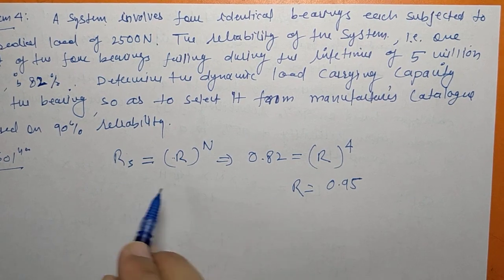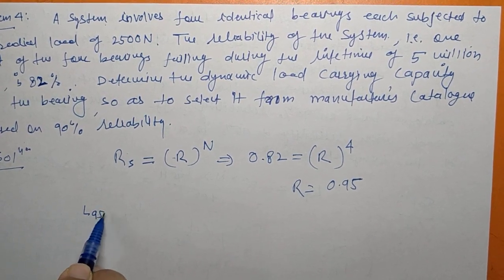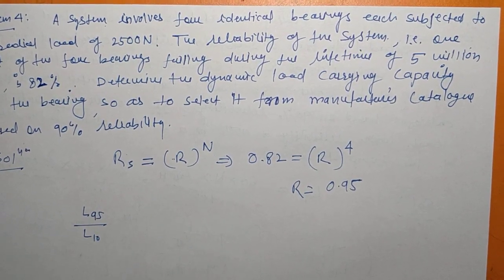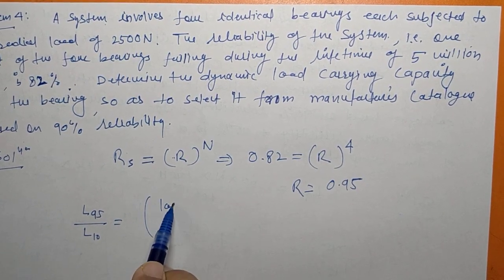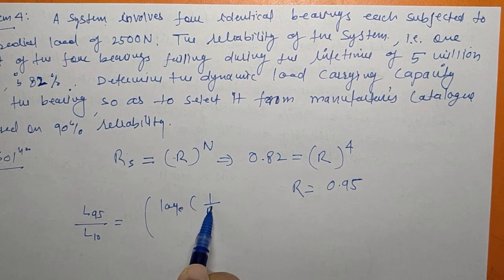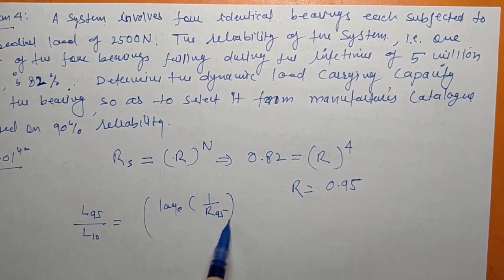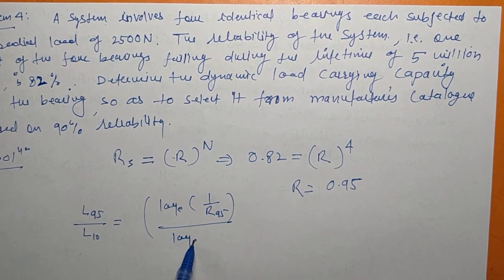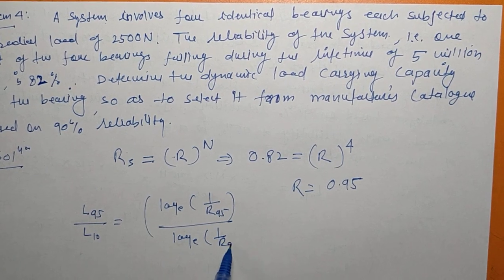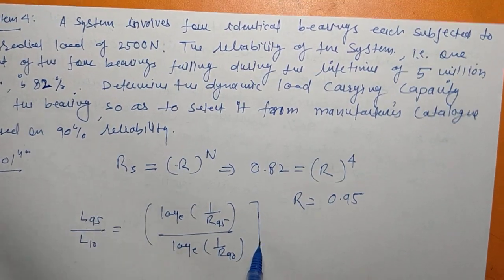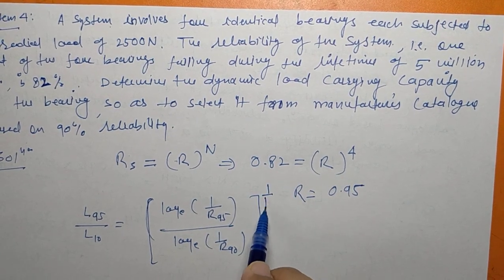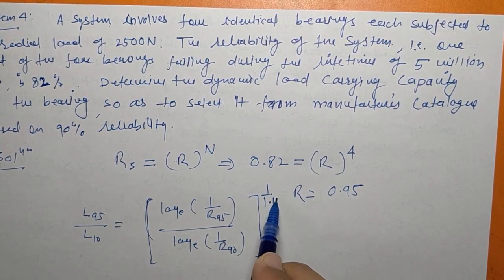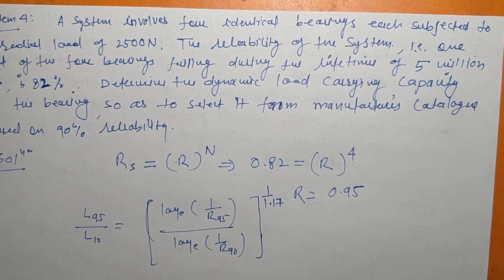So L95 divided by L10 is equal to ln(1/R95) over ln(1/R90), raised to power 1 by b, and that b constant is 1.17.